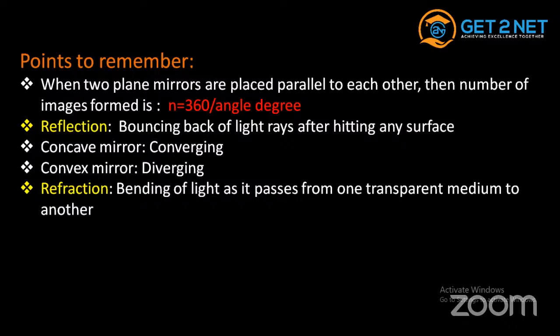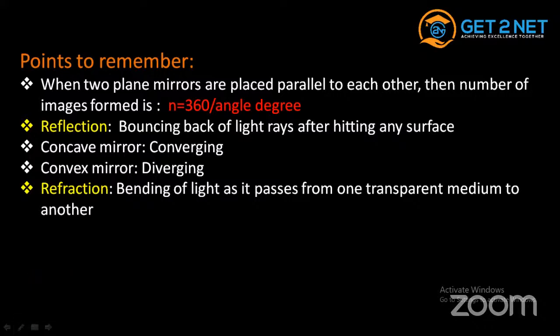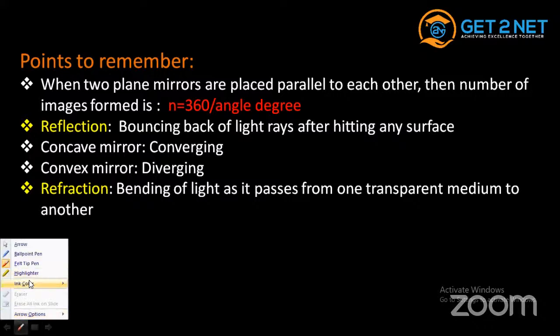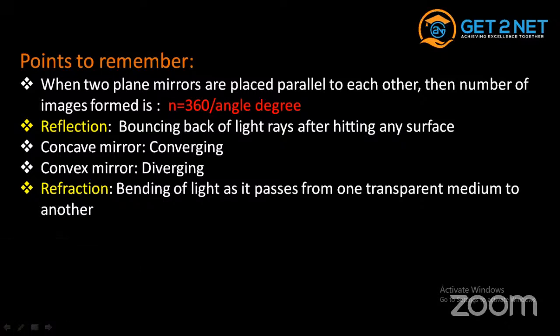Divided by the degree at which they are inclined. For example, if we have taken two plane mirrors, and this is one plane mirror and this is another plane mirror.